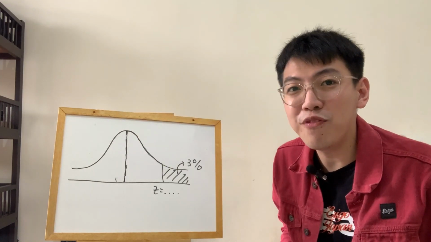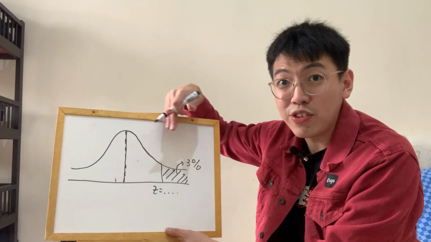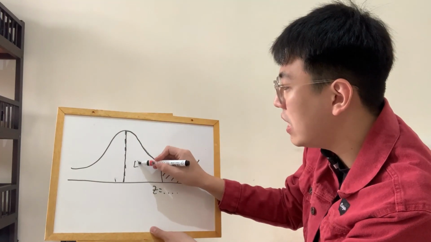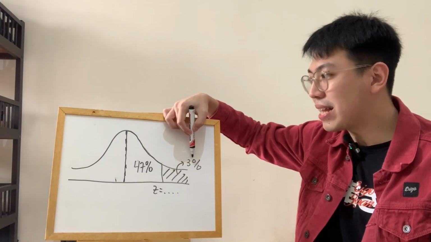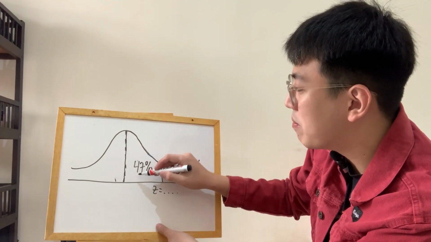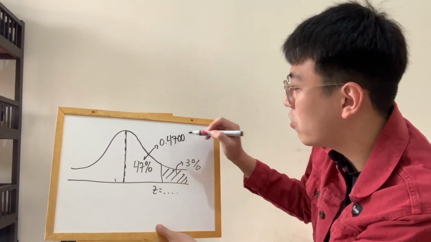So you have to find the area first. If the area of the half side is 50%, then this area will be 47%. 50% minus 3% is 47%, or in decimal, 0.4700.